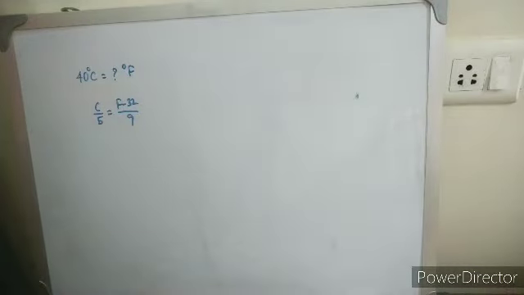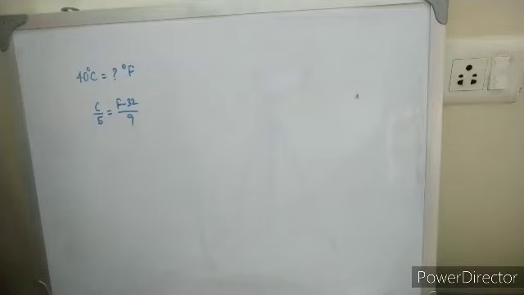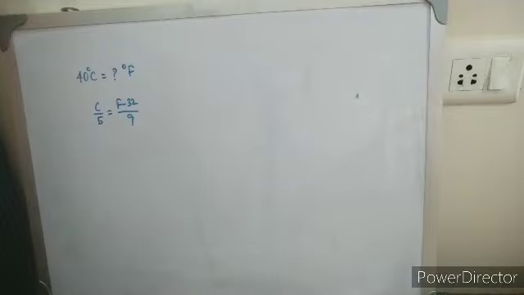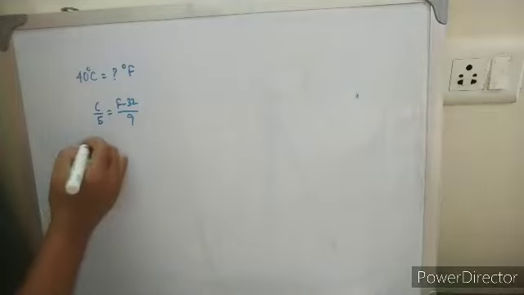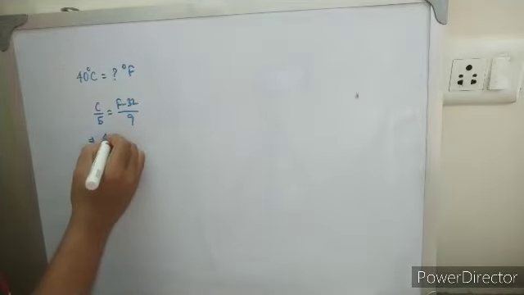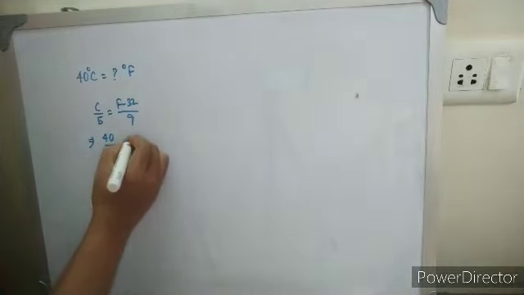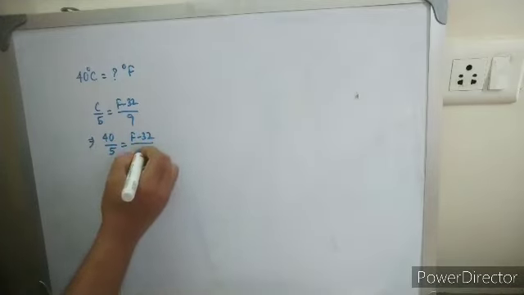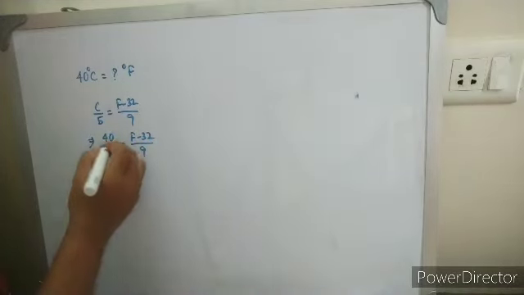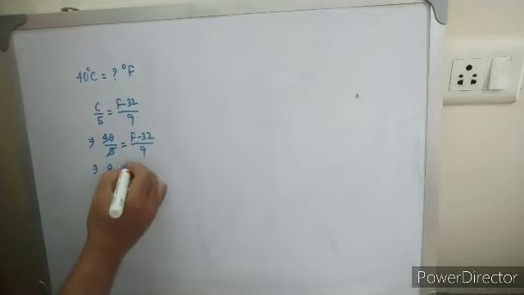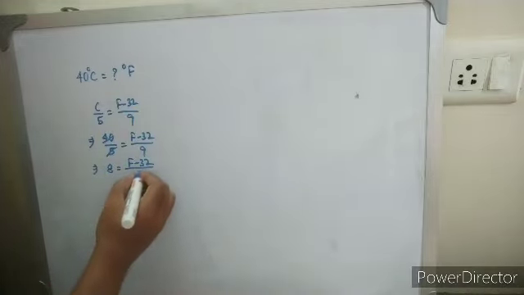If we put 40 instead of C, then we can find the respective Fahrenheit value. So 40 divided by 5 equals F minus 32 by 9. Again it is 8 equals F minus 32 by 9.